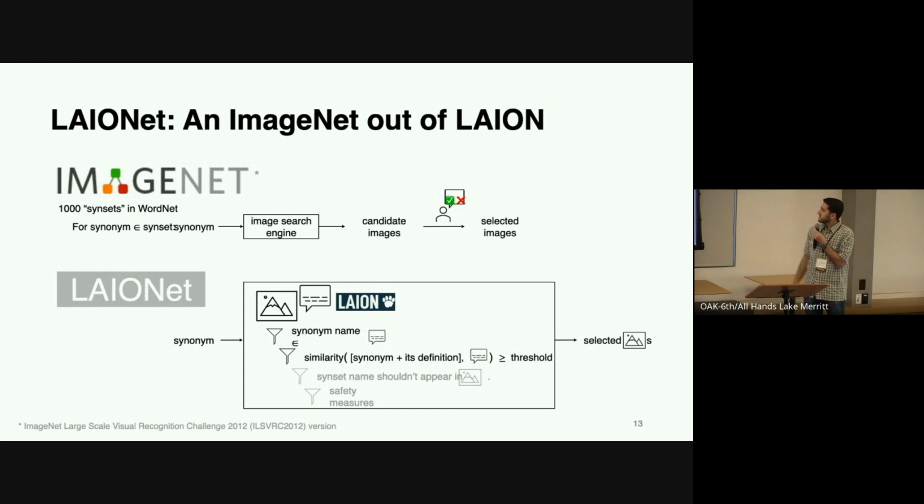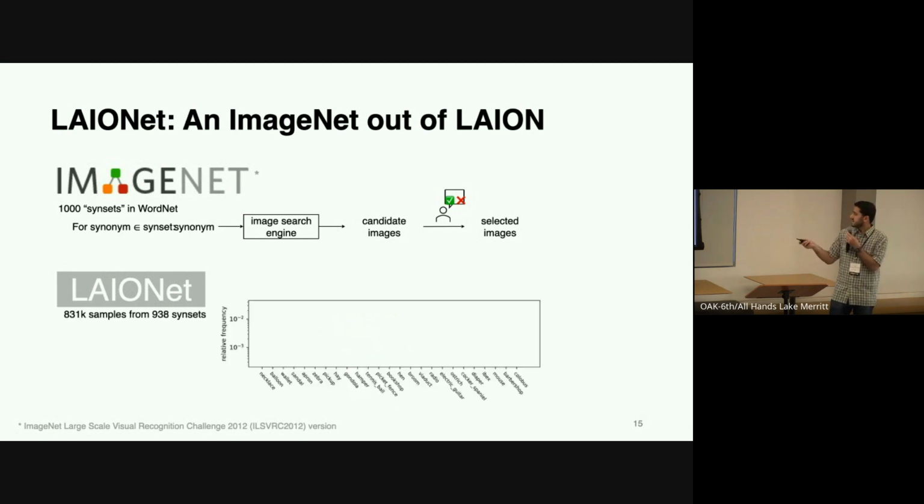Use whatever language processing tool you want to ensure that the synonym and its definition are described correctly by the caption. And then we also did some additional safety measures just to ensure that we are choosing the right images. These are all very conservative criteria. This is how LionNet is created.